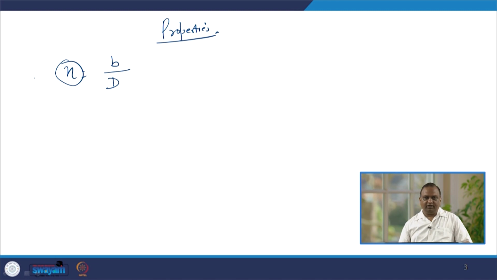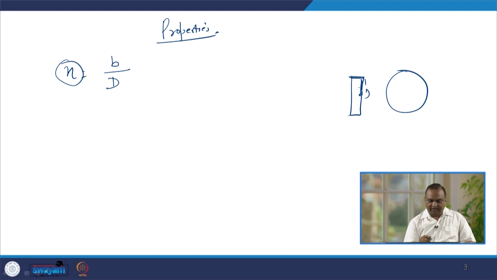It is important when we want to calculate the cross section area of the passage. Suppose this is a wheel, if you look at the side view of the wheel, this is diameter d, and this is the width, and this will give the area which is available for the fluid flow.